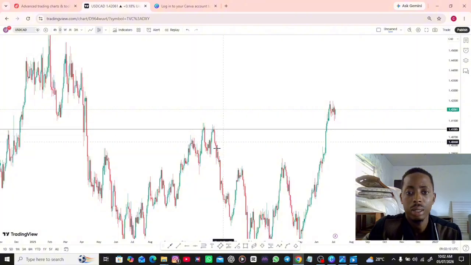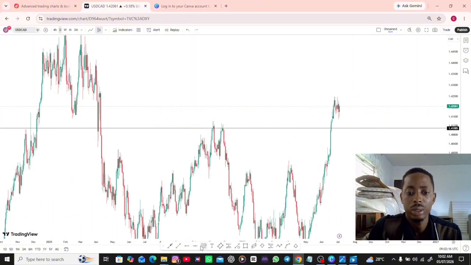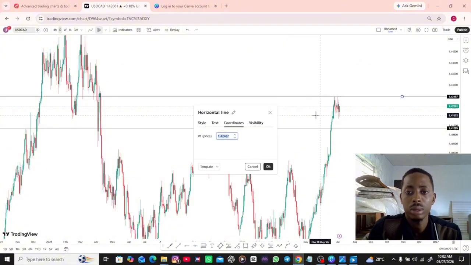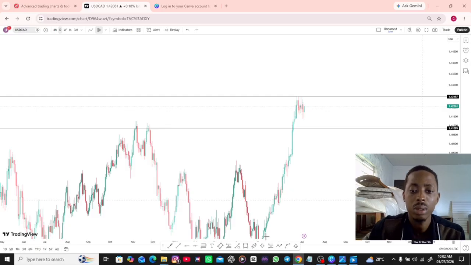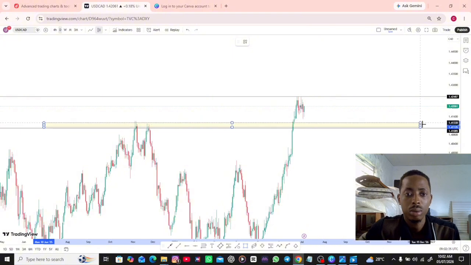I'll take this one back here and I'll take this current high created here. So I'll clone my level around this level.